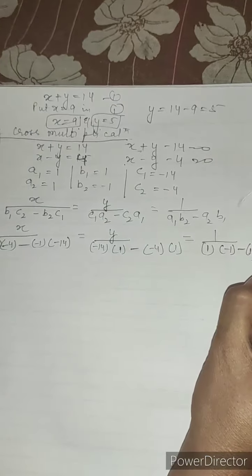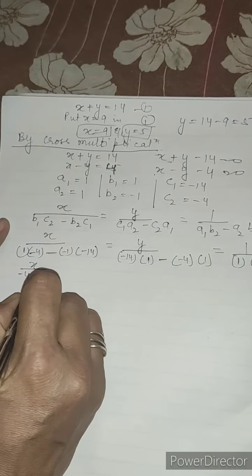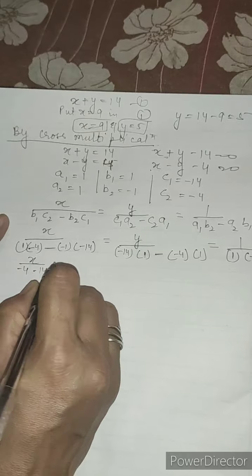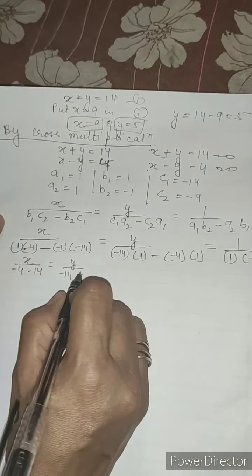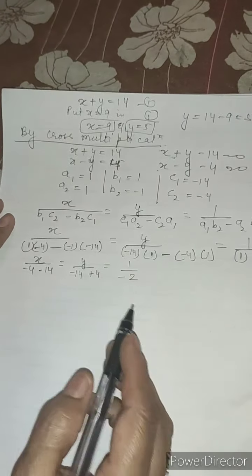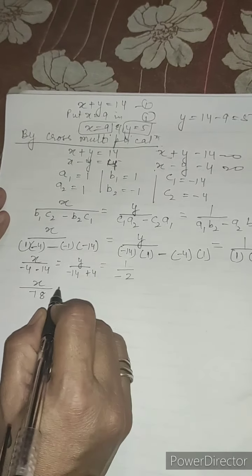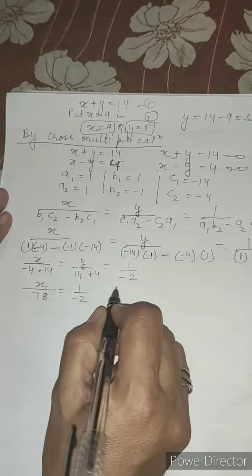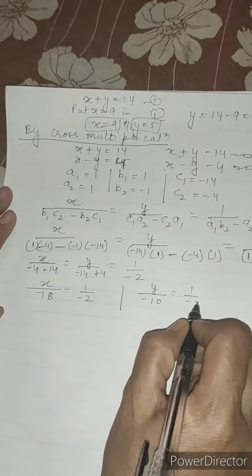And b1? 1. So we get x upon minus 4 minus 14, y upon minus 14 plus 4, 1 upon minus 2. So this means x upon minus 18 equals 1 upon minus 2, or y upon minus 10 equals 1 upon minus 2.